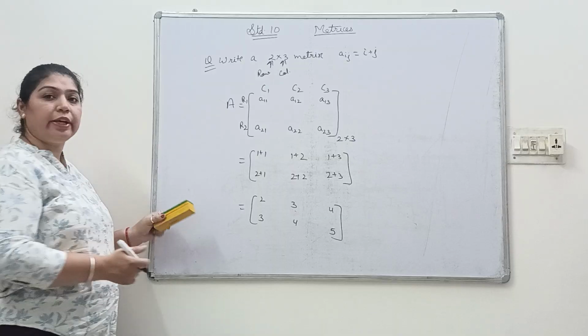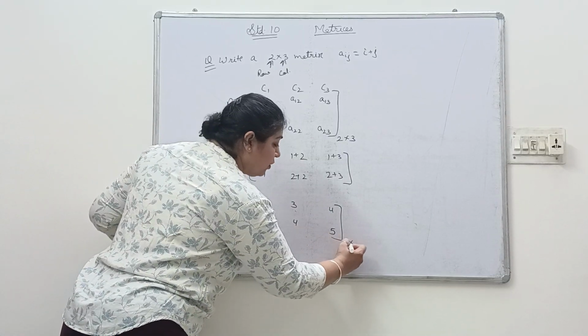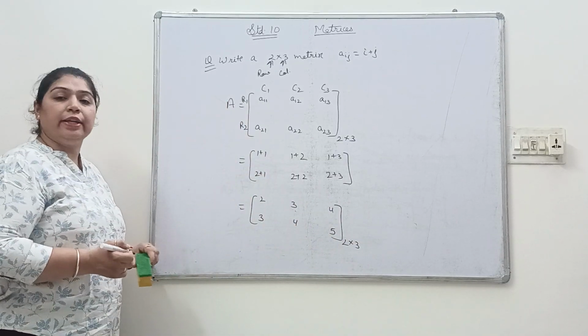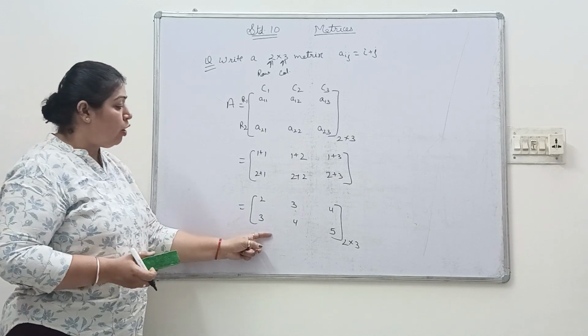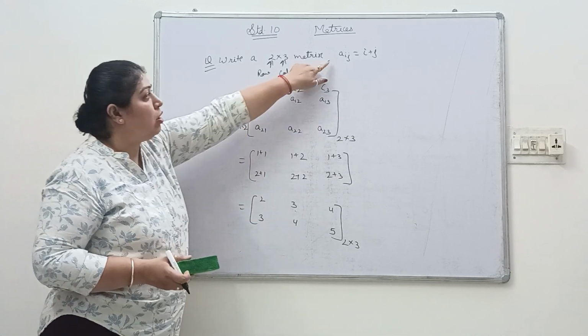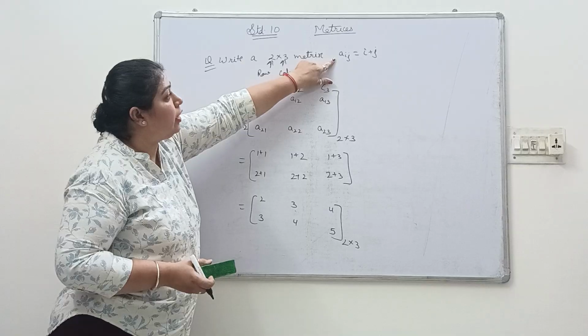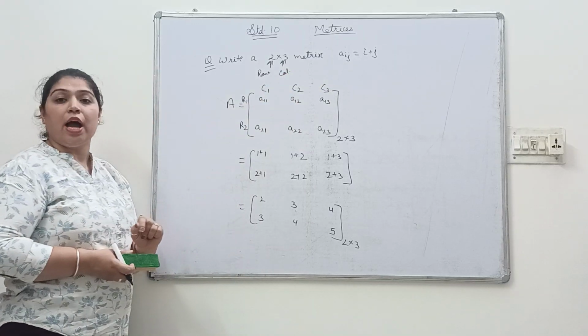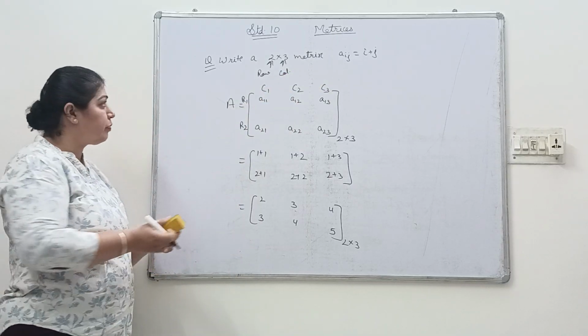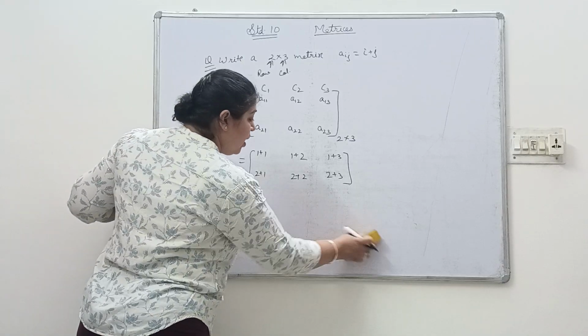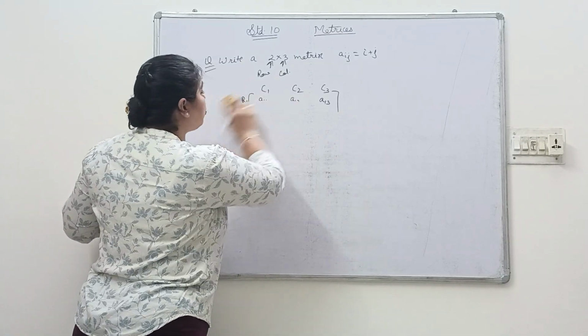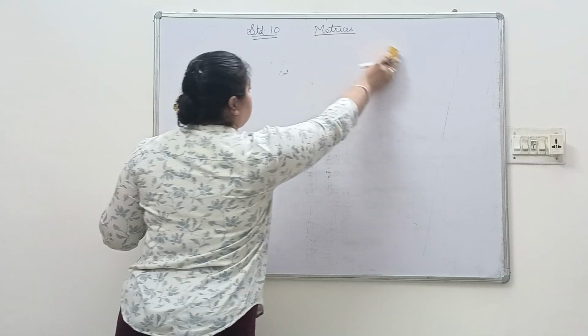Now we have constructed a matrix having order 2 by 3, where 2 rows and 3 columns are there, along with the elements which fulfil the condition that Aij should be i plus j. Clear? Now let's move to the addition of matrices.